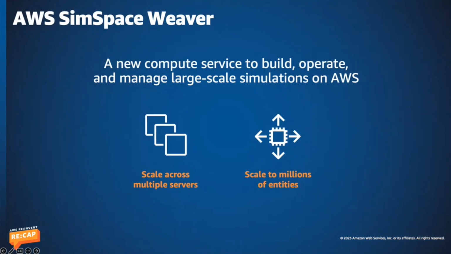And also we have introduced the AWS SimSpace Weaver, which is a managed service that lets customers create expansive simulation worlds for implementing things like digital twins, and you are able to fully manage compute to deploy large scale spatial simulations.